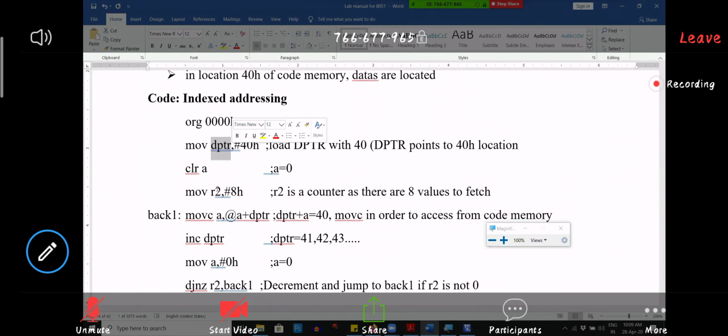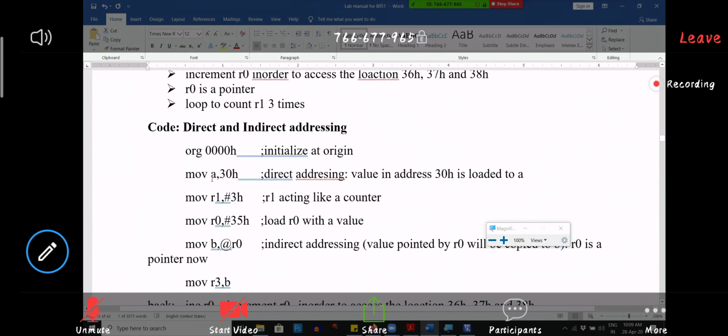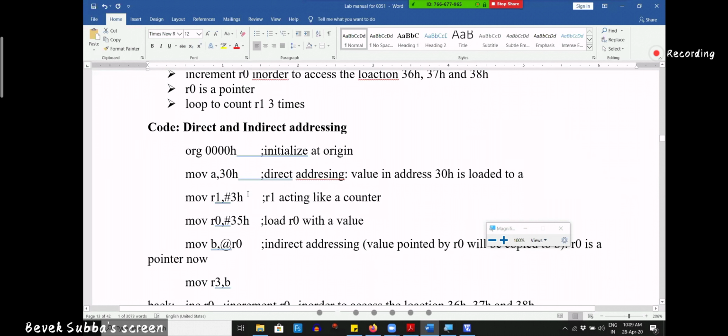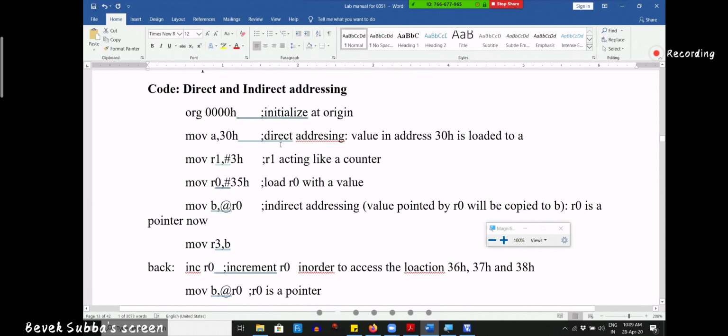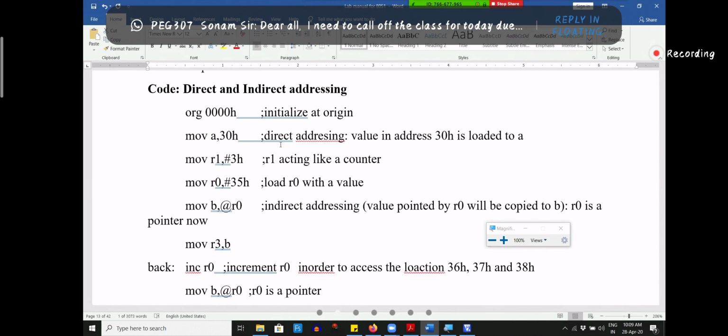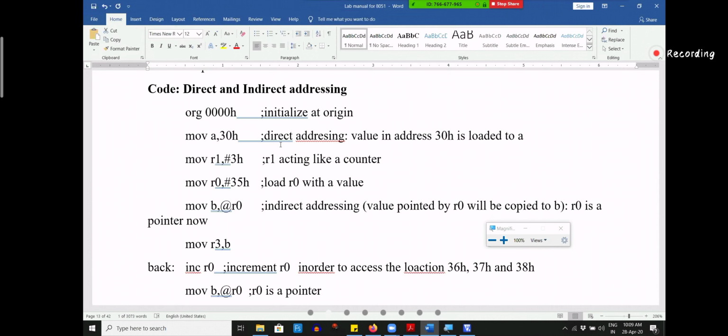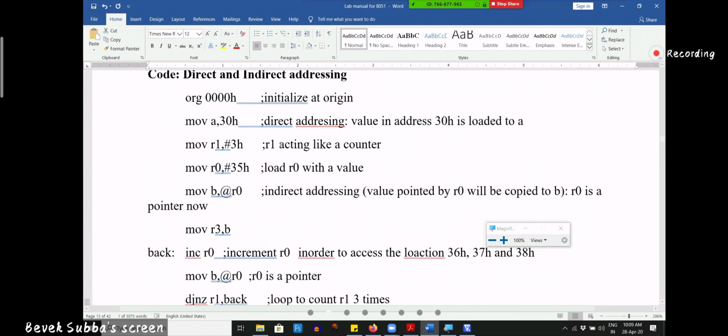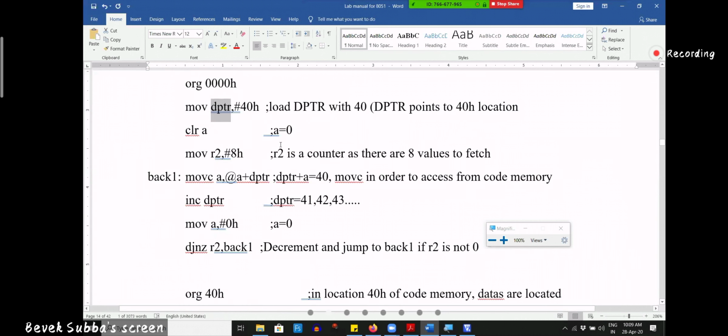In direct and indirect addressing, you are taking the value from data memory only. But in indexed addressing, you're taking the value from the code memory.